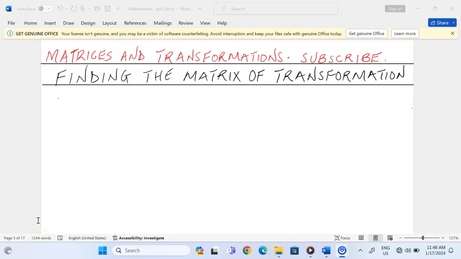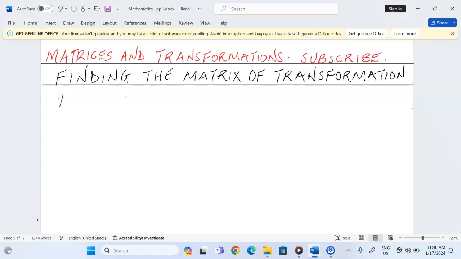We're going to discuss matrices and transformations. And in this case, we're going to find the matrix representing a certain transformation. It's very good to know that we've already introduced this topic. We started by mentioning that when a matrix of transformation is multiplied with the column vectors of the object's coordinates, we get the column vectors of the image's coordinates.